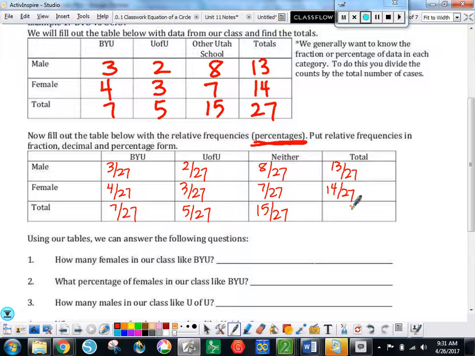However, there could be a rounding error and then our total will not get to 100%. That is fully possible. So what is 3 over 27?